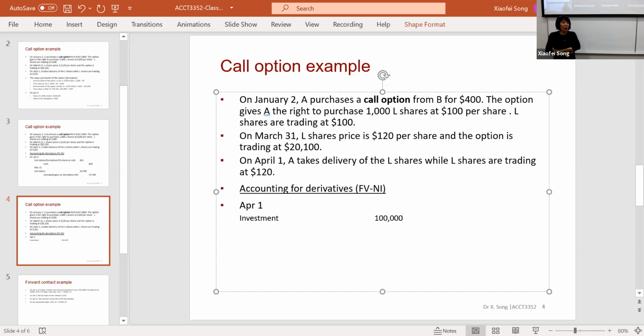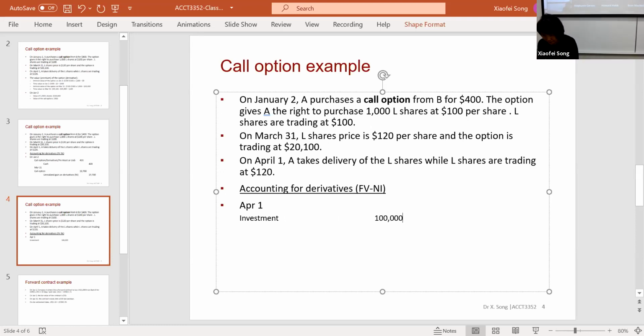Now, by entering the option, you guarantee that later on, if you want to purchase that 1,000 shares before the option expires, that cost of that purchase will be 100,000. Without it, 120,000. Okay, so that's that.